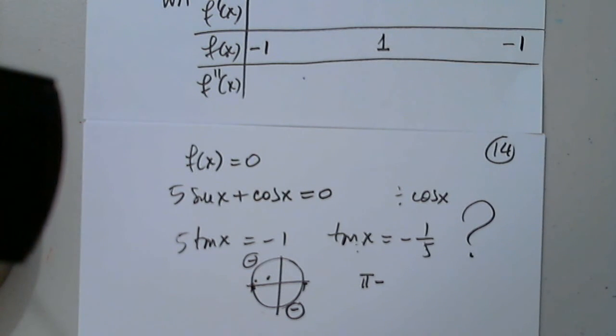I wanted arctangent again of 0.2. I want to see the positive value. Where is the positive value? Yeah, okay, so that's what that will be, 11.